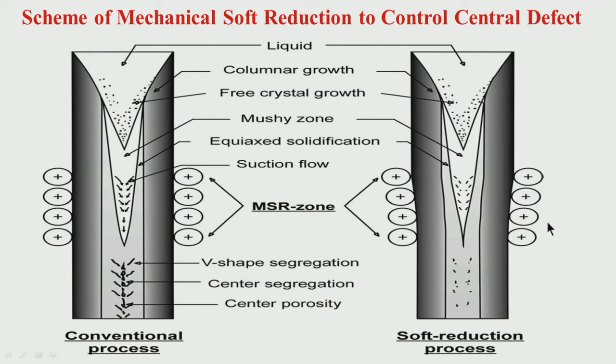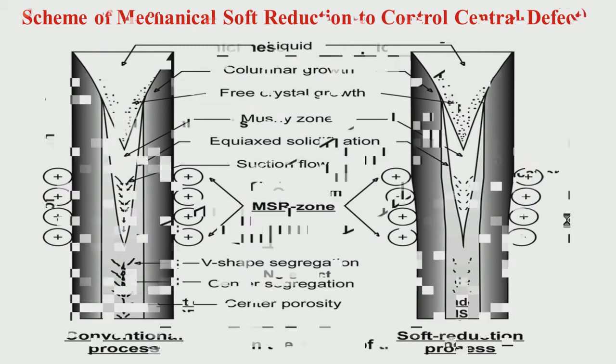If you suddenly increase the reduction, you will give some sudden strain which is not desirable. So the strain rate is important, slowly it should increase, the value should be relatively less, the rate of increase should be low. These are important issues which should be kept in mind. So the central quality can be improved by mechanical soft reduction.